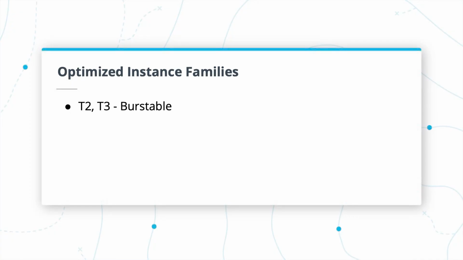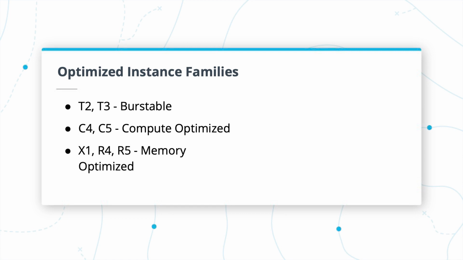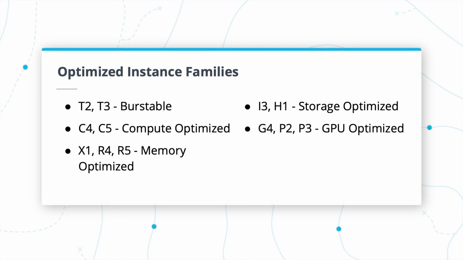T2 and T3, which are burstable instances, C4 and C5, which are compute optimized instances, X1, R4, and R5, which are memory optimized instances, I3 and H1, storage optimized instances, G4, P2, and P3, which are GPU or graphical processing unit optimized, and D2, which is optimized for ephemeral storage.